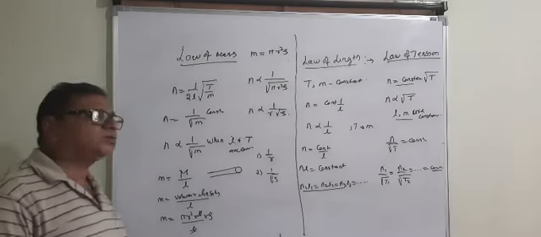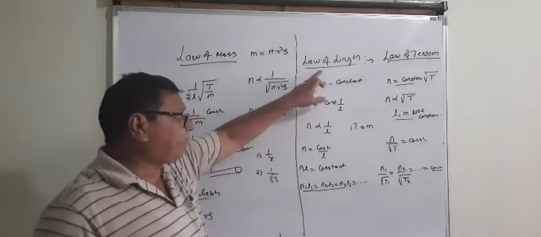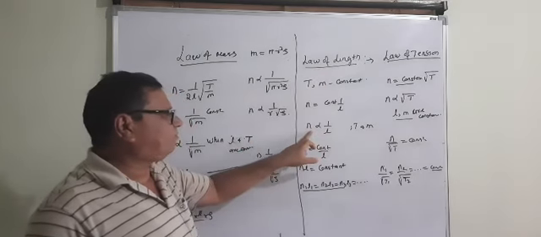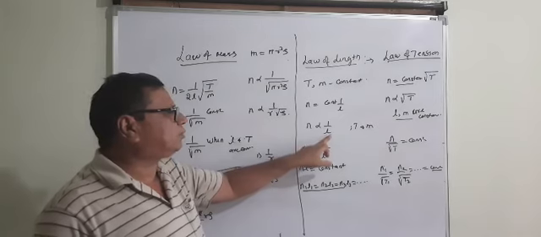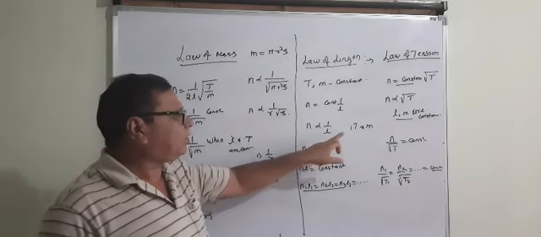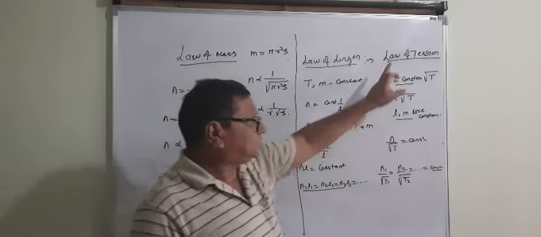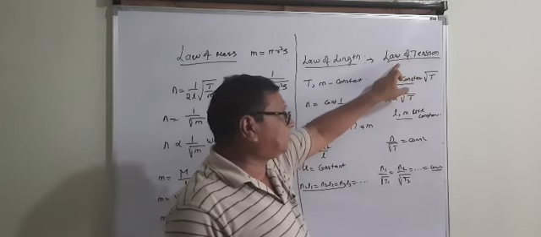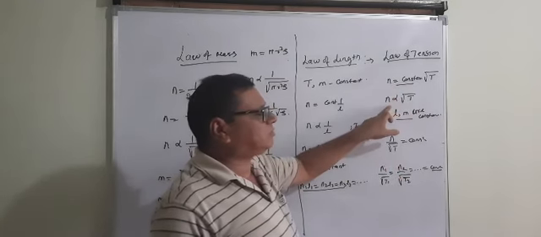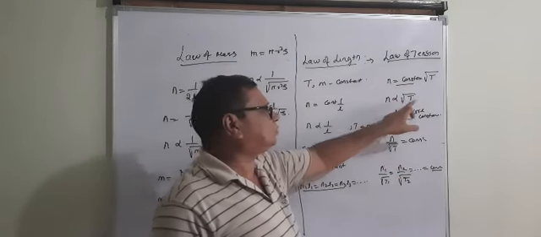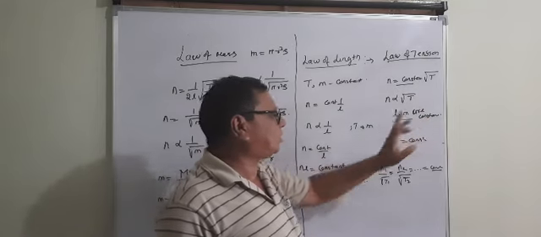In short, we state once again. The law of length states that the fundamental frequency of vibration of a stretched string is inversely proportional to the length of the string when tension and mass per unit length are kept constant. Second, the law of tension states that the fundamental frequency of a stretched string is directly proportional to the square root of tension when length and linear density are kept constant.